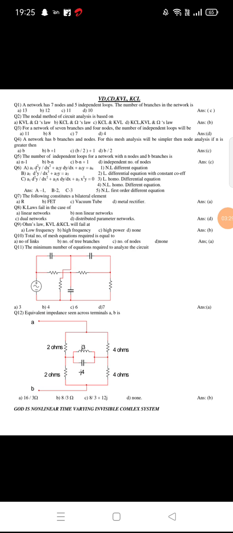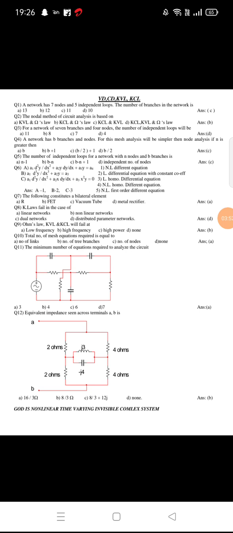Next, third one, A1 into d square y by dx square plus A2x into dy by dx plus A3 x square y. Here d square y by dx square, dy by dx and y, that means the order is reduced linearly, right? That means it is a linear homogeneous differential equation.